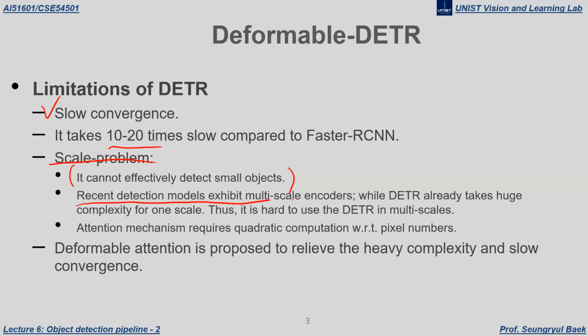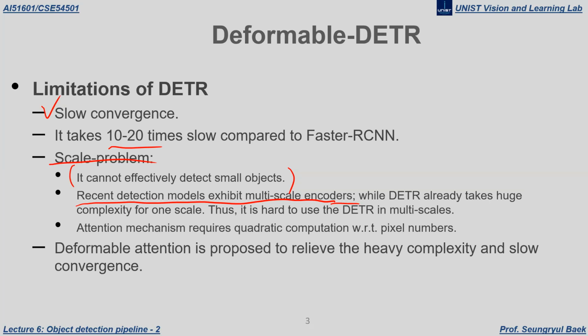To tackle the scale of the object, to capture diverse objects in diverse scales, we have to have encoders which have multiple scales, okay? But DTR is already complex, right?